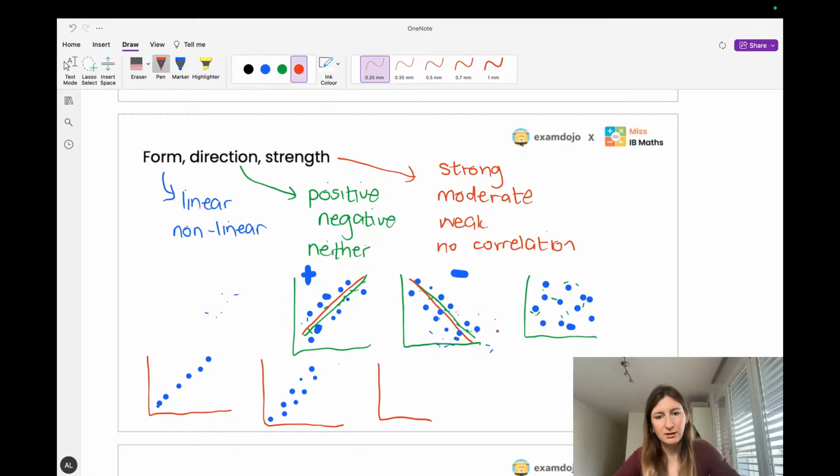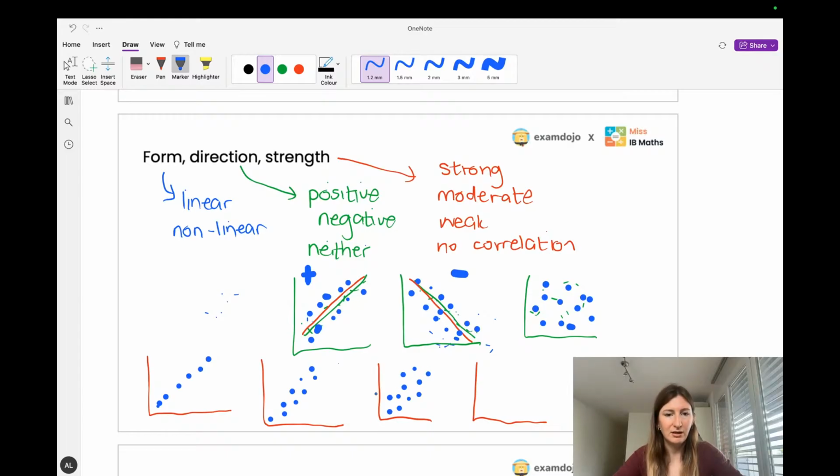Weak would be less so. It's still following a positive linear shape, but it's a lot weaker. They're not so closely on that straight line. And then no correlation, they're all over the place. There's no pattern that's going on here. That's no correlation.